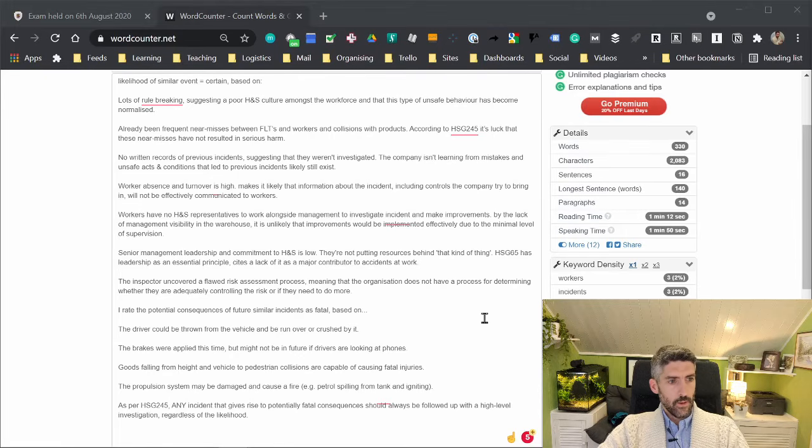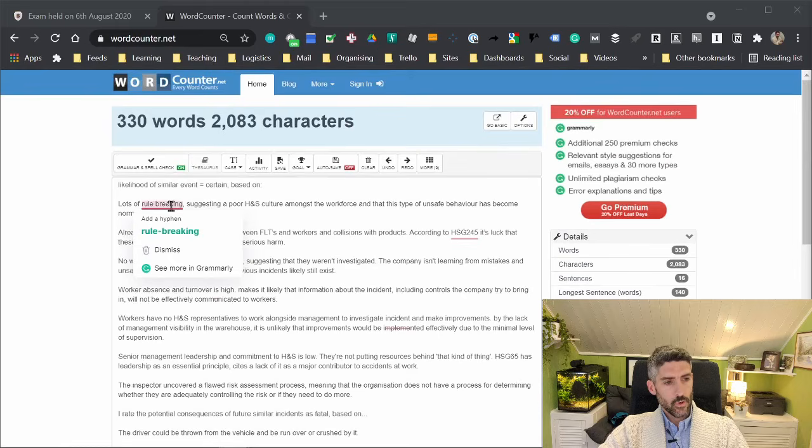What I would recommend doing is drafting your answers in a word counter, simply because you can keep an eye on the words as you're drafting your answer in real time, because I don't think it's necessary to get too hung up on word counts at this stage, because you can always edit it down later.